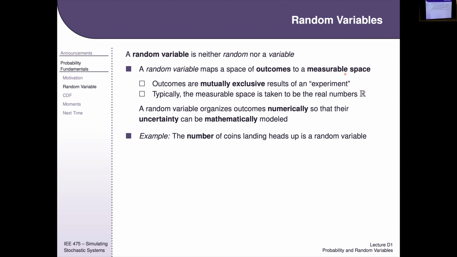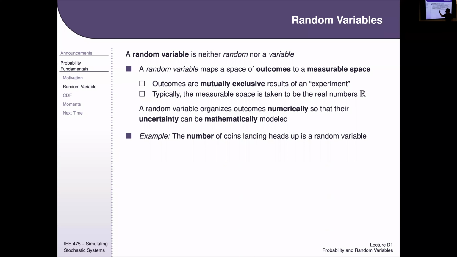Outcomes are from the real world. They are mutually exclusive results of an experiment. So there are all of the different things that could happen if you ran an experiment. And the measurable space is just something that helps us quantify those. We usually take the measurable space in this class to be the real numbers, so we're just mapping outcomes to real numbers.